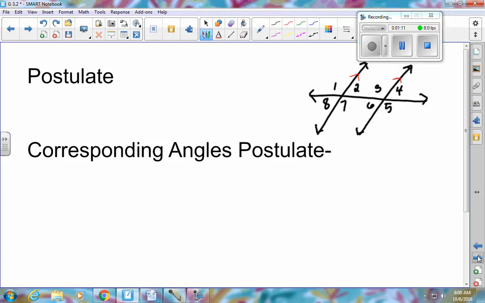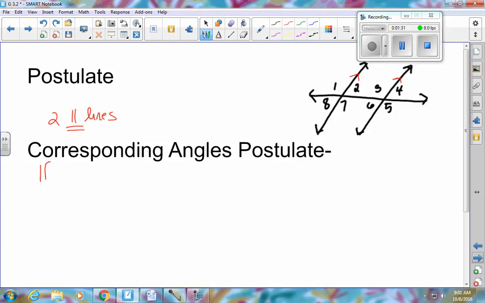Alright, so the first thing we're going to look at is a postulate. Postulates we don't have to prove, so we can just go through our definition. One thing you just have to make sure is that we're looking at two parallel lines now. So remember, this is the symbol for parallel. So we're going to write out our definition.